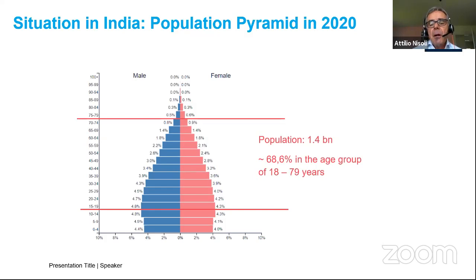From the 1.4 billion people, at least the official number, I'm sure there's also a black number, but officially they're talking about 1.4 billion people. Looking into the age group 18 to 79 years, in India at the moment it's approximately 68.6%, so almost 70% of the Indian population is in this age group.